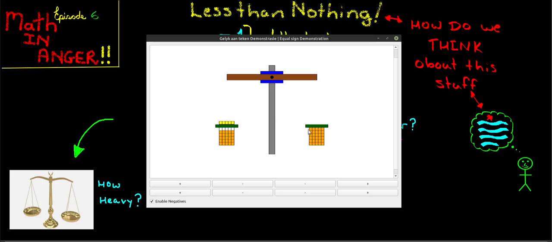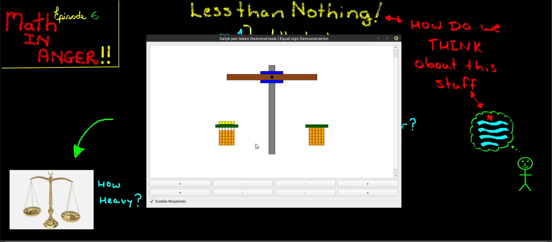Look at the picture. 5 more than nothing with the addition of 5 less than nothing is in balance with 0. +5 with the addition of -5 is in balance with 0.